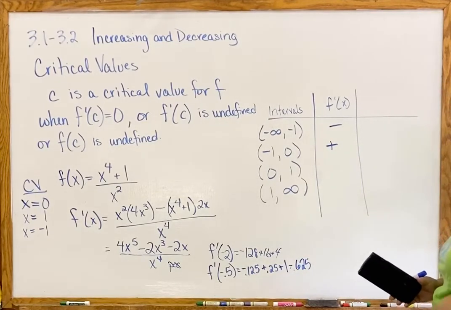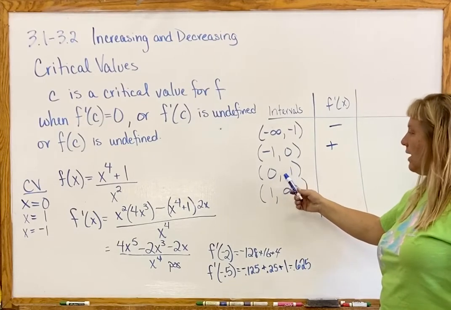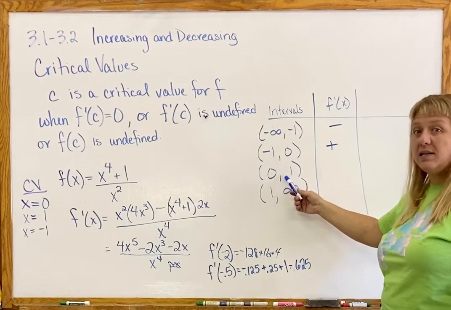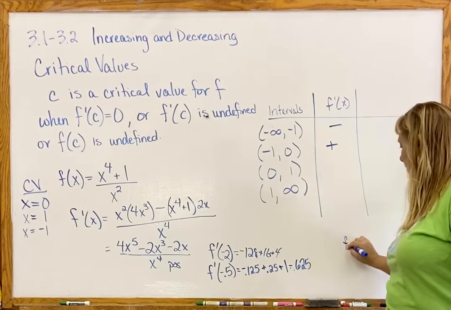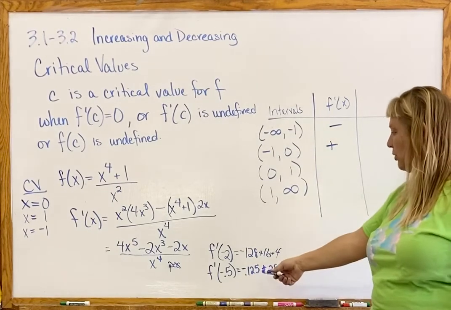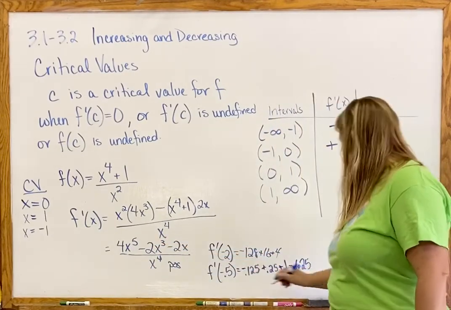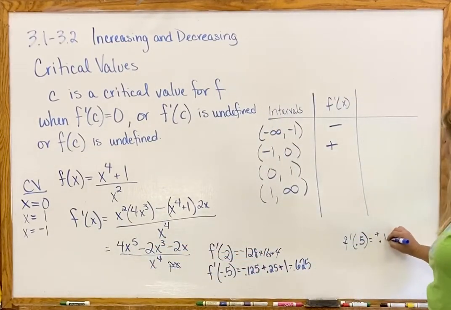Okay. All right, now we move to the next interval, and we've got a positive 0.5 in that one. So if we take the derivative of a positive 0.5, the nice thing about the positive 0.5 is all it's going to do is switch the signs on here, right? So we're going to have a plus 0.125 minus 0.25 minus 1.